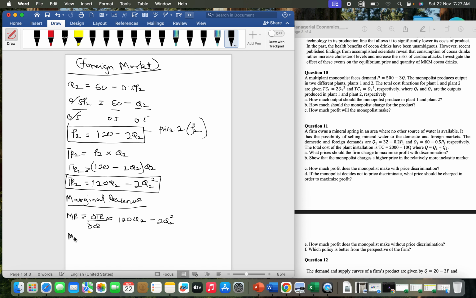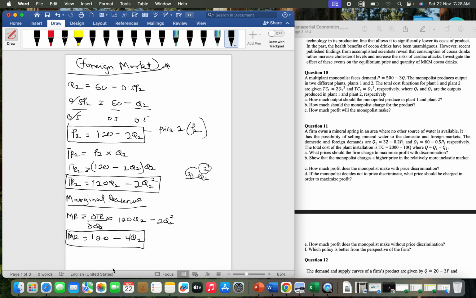You find the derivative with respect to Q. Remember that we are dealing with Q2. So Q2 cancels Q2, I have 120 here, minus, remember this, 2Q2 squared, the power would come in front and multiply this. So 2 times 2 would give us 4. Subtract 1 from the exponent, we have 1, so 4Q2. So this becomes our marginal revenue 2. That's for the foreign market. This one.